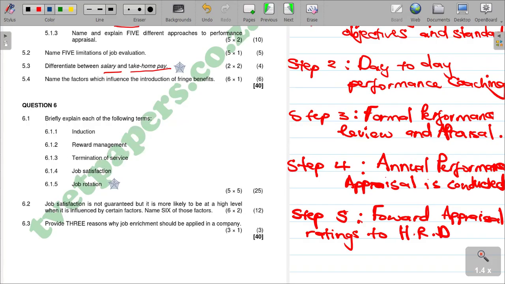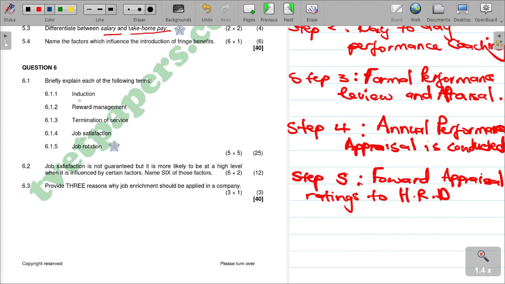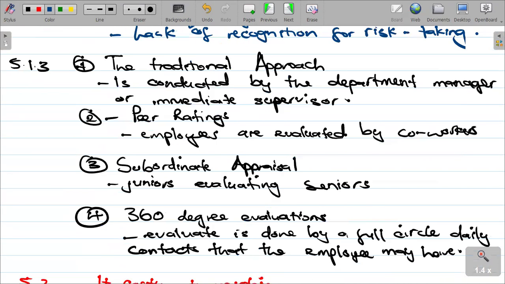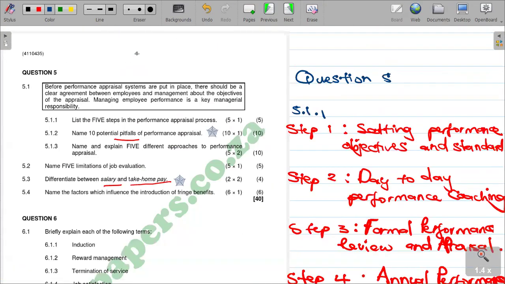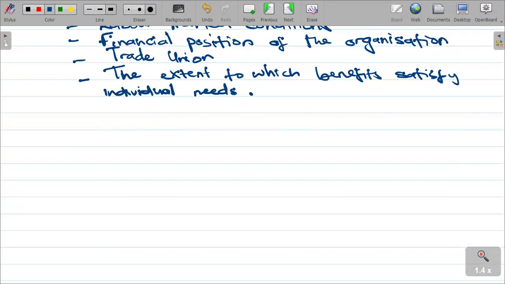You need to explain, so when you're explaining, the most important thing is you're supposed to give a definition. The first question is 6.1.1, induction.